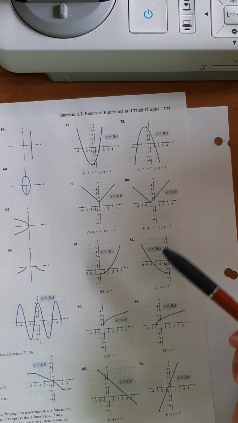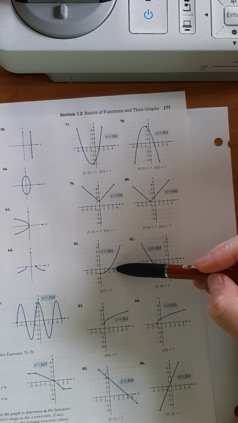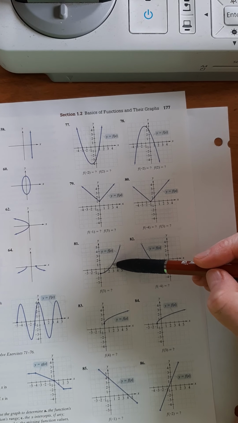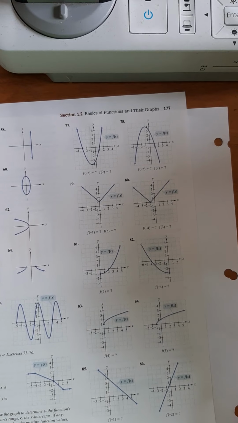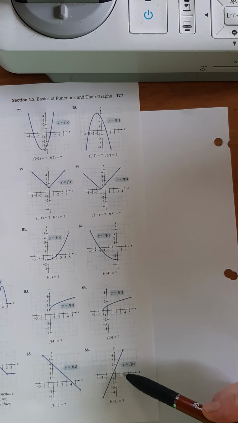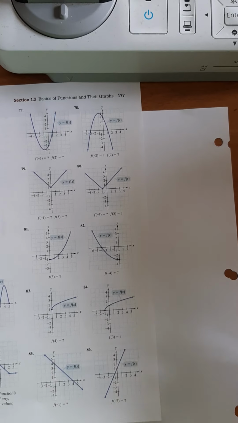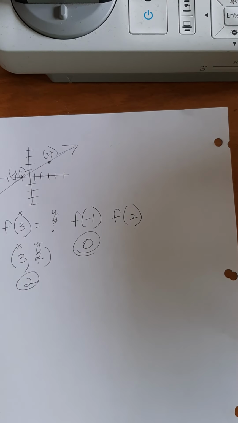Like this one, if you wanted to find f of 3, there's 3, you go up 1. Or even one like this, f of negative 2 crosses negative 3.